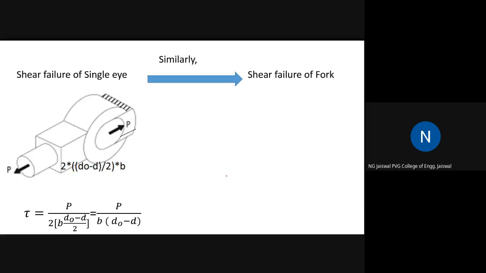Then shear failure of single eye. We have seen the shear failure of single eye. This length was B. Now the length is not B, the length is 2A in a fork. What would you do? Simply replace this B by 2A.